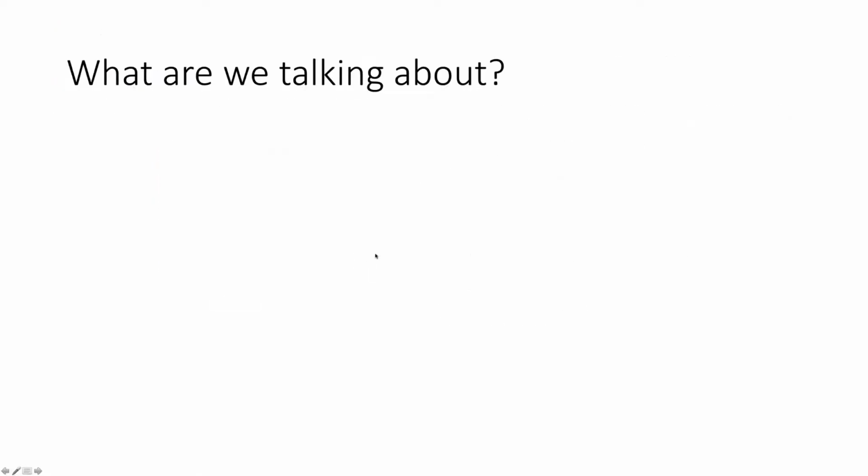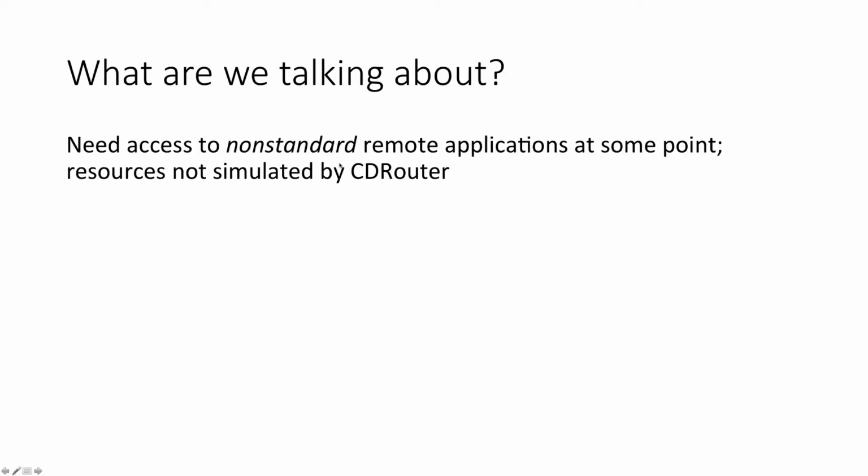So what kind of devices are we talking about? These are network connected devices that at some point need to contact some non-standard external resource. And so why do we say non-standard? Well, we're talking about proprietary systems that are outside the norm of network services like DNS or NTP or even TR69, things that can't necessarily be simulated by CDRouter and are necessary for the startup procedure of the device.